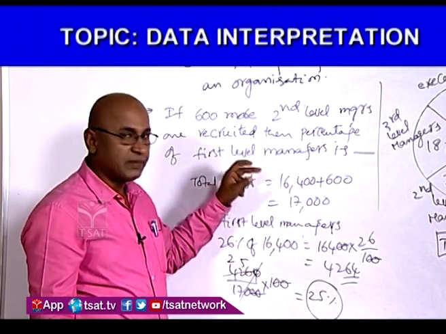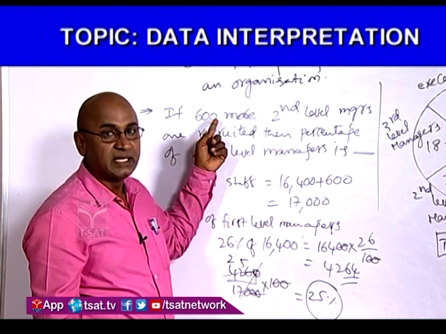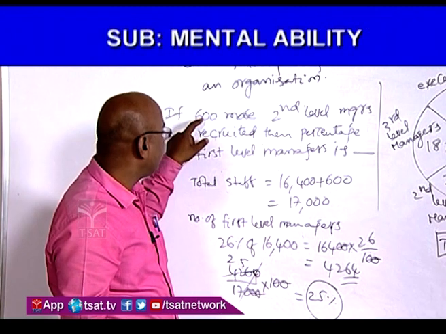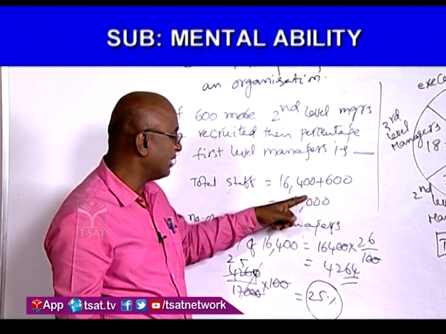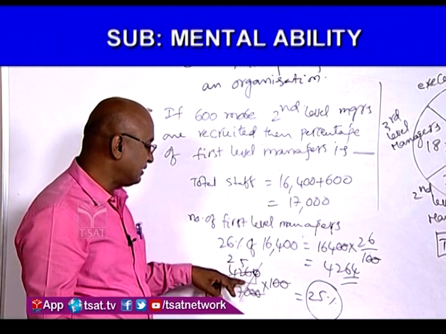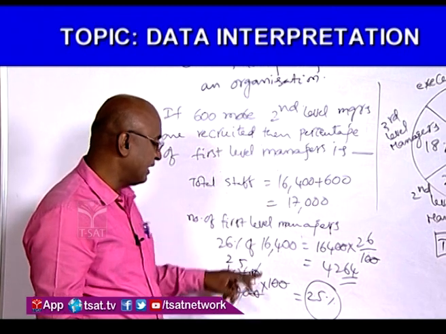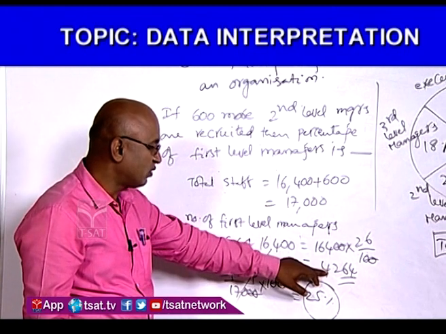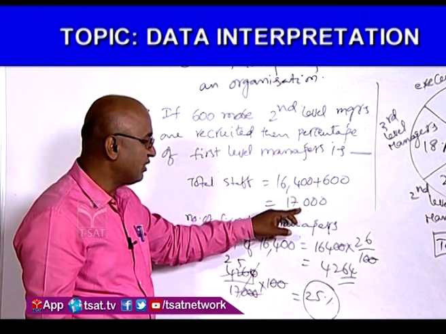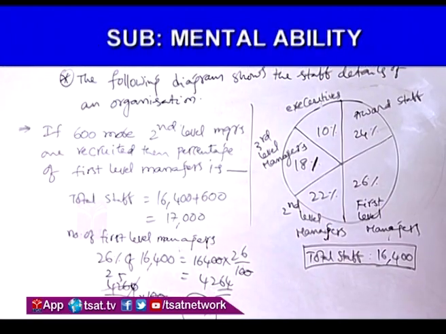Now, what is the problem here? The number of employees is increased. We have to add the 600 to the initial value. Now, the total number of employees is 17,000. Then the percentage of 4,264 in 17,000 is 4,264 by base value 17,000 into 100, that will give you 25%.